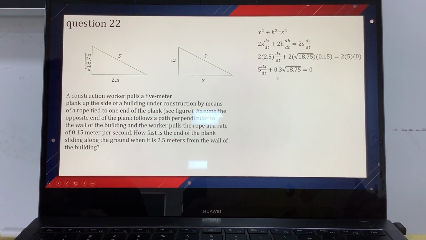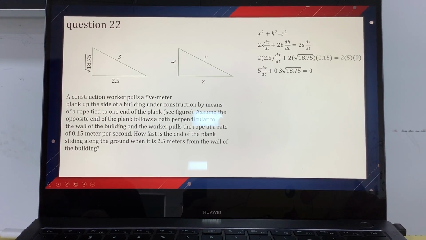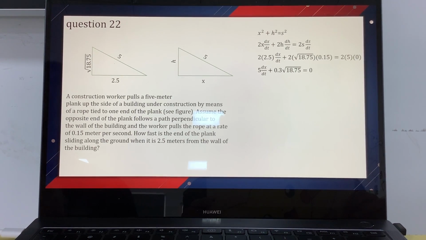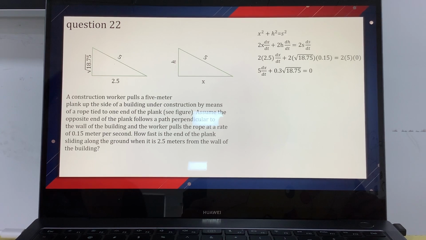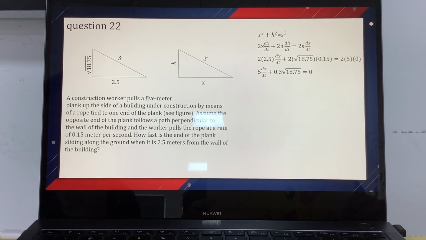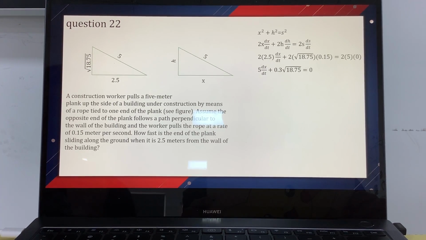So 5 dx/dt plus 0.3 times the square root of 5 squared minus 2.5 squared equals 0.